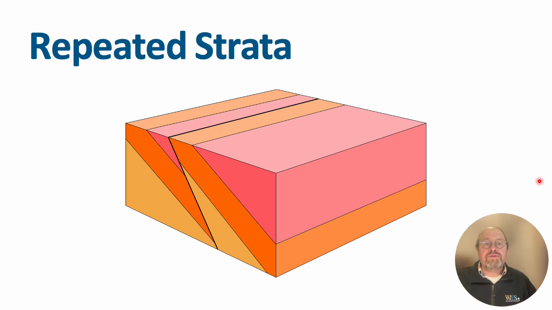One other feature you often see in geological maps is the repetition of strata, and this shows you how that works. If we had the pink, orange, light orange beds here on one side of the fault with a steep dipping reverse fault here, as this hanging wall block has moved up, it's moved vertically, but what's happened here, the outcrop on the flat outcrop here, you can see there's a repetition of orange, pink, and that's essentially a dead giveaway for the presence of a reverse fault.